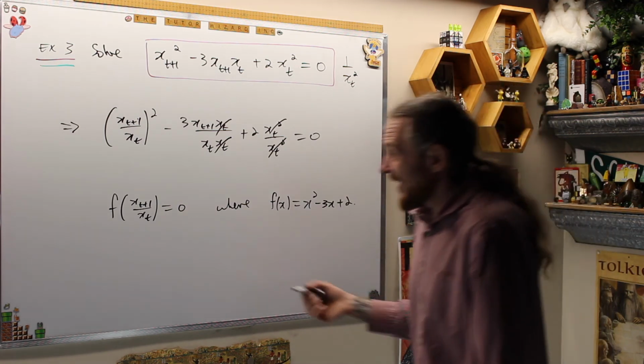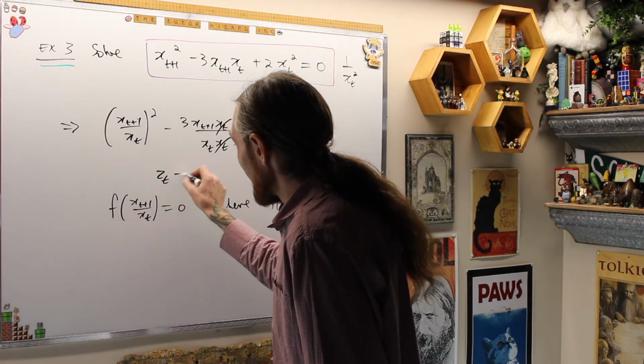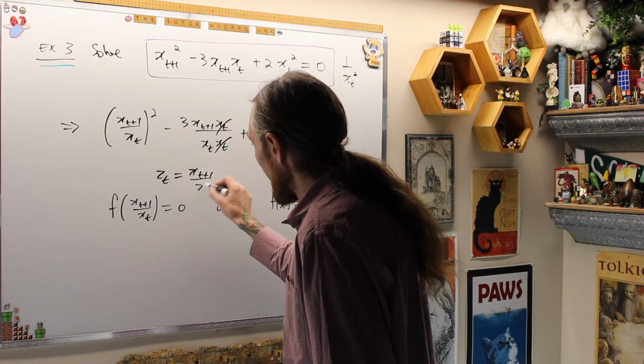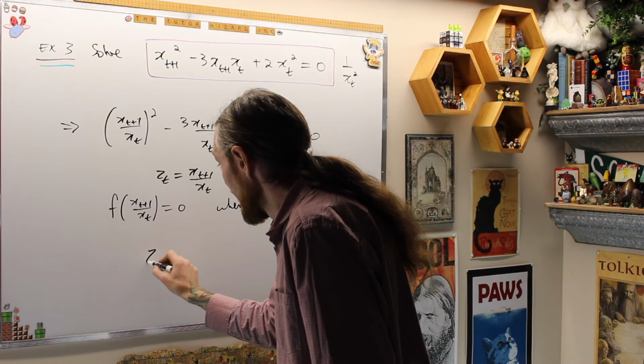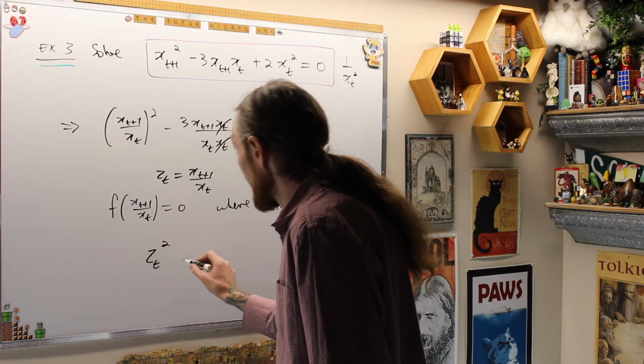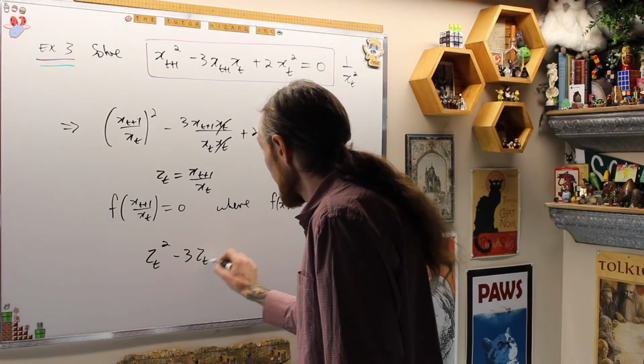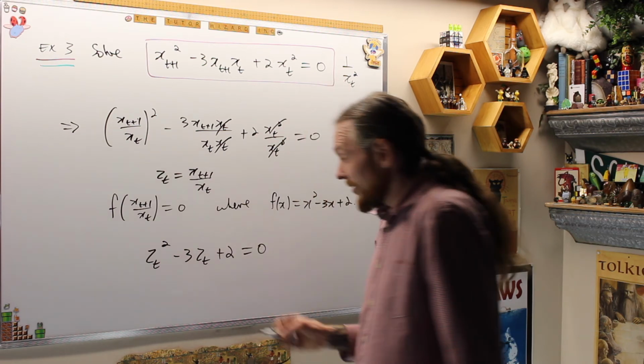Long story short, I can make the substitution z_t is x_{t+1} over x_t, and we get z_t squared minus 3z_t plus 2 equals 0.